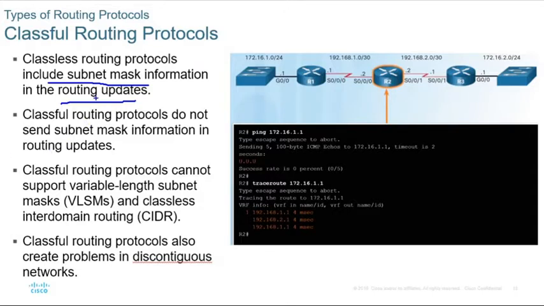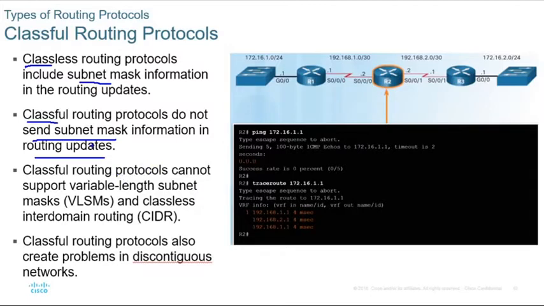To define classless and classful: classless routing protocols send routing information that includes the subnet mask whenever they exchange routing updates. It includes the network address along with the subnet mask. We will see the importance of that inclusion later. Classful protocols, on the other hand, do not send subnet mask information when they exchange routing updates.